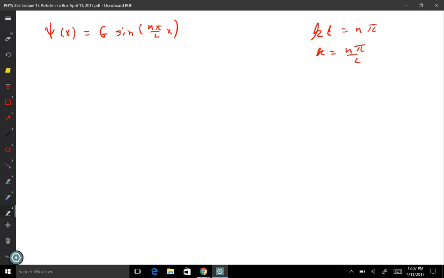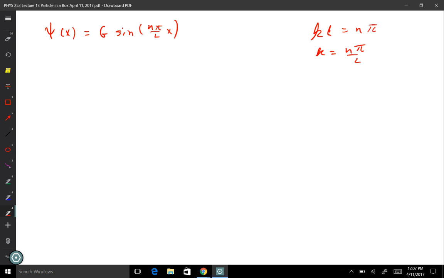Now we have to go back to what psi meant. Psi was telling me information about the probability, but how do I actually find the probability from the wave function? I have to square. Now, technically, I have to do the mod squared.